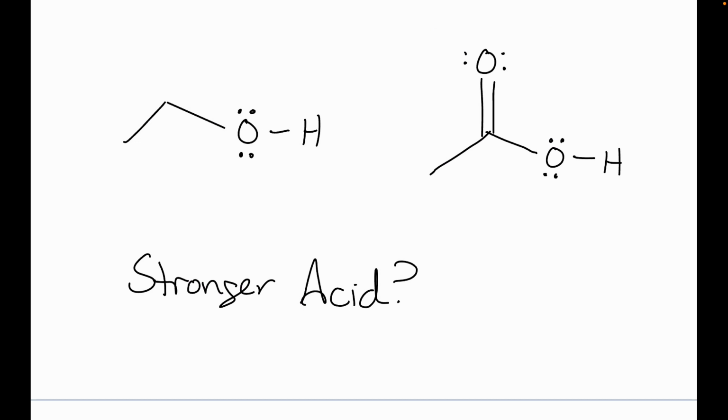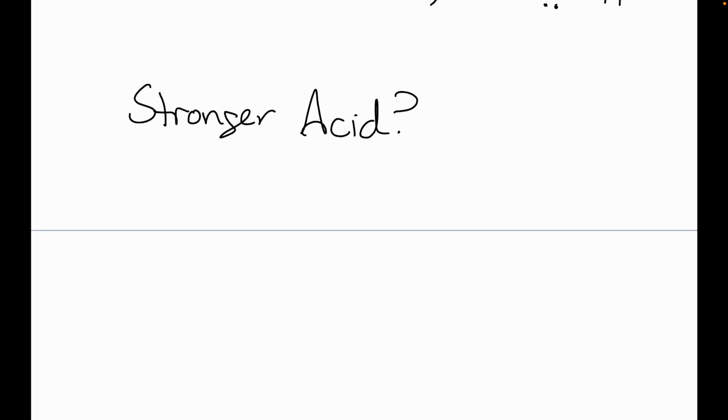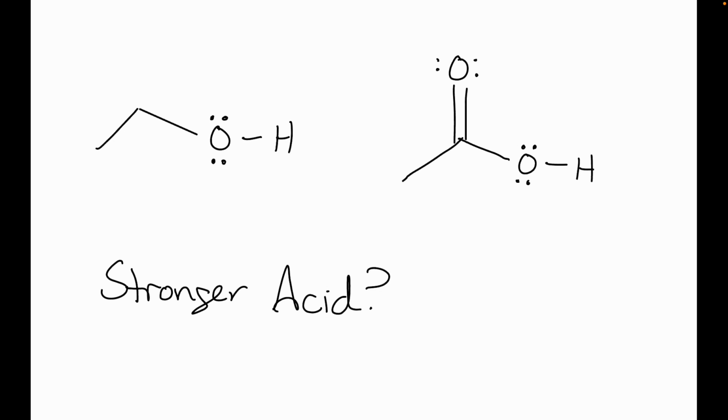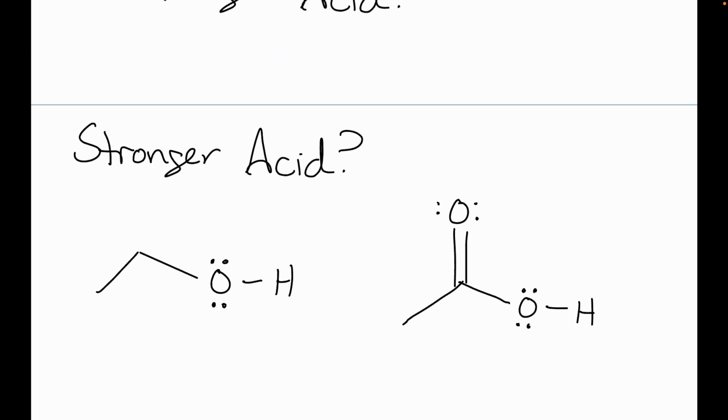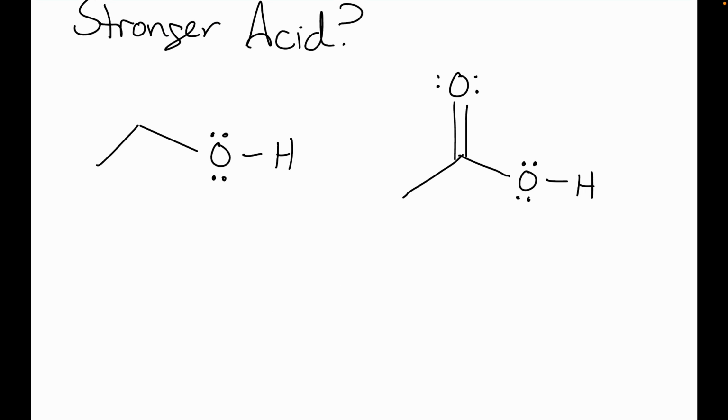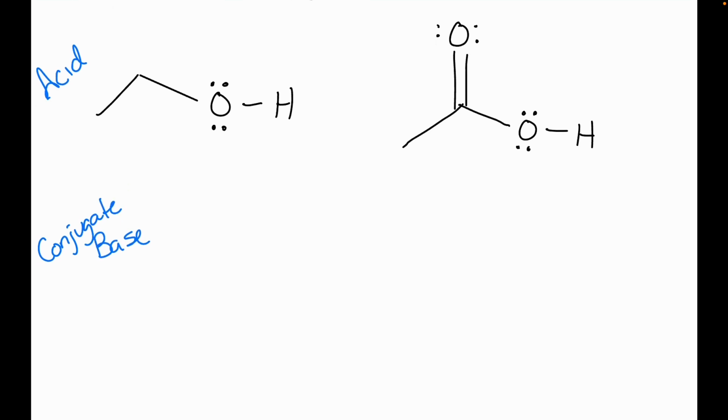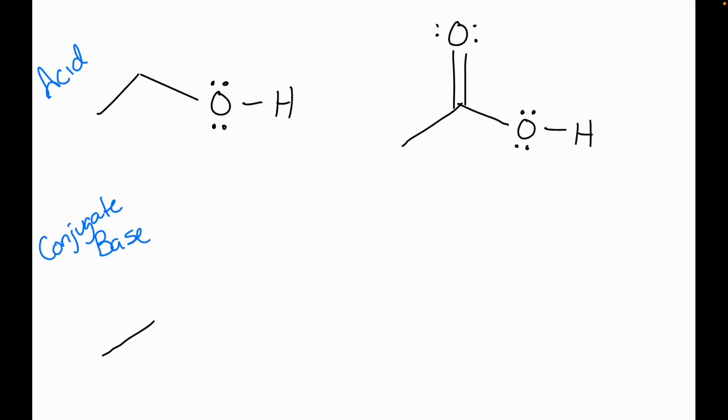All right, so let me move this problem so I have more room. All right, so here's my acid. I really want to look at the conjugate base. So this would be, now my oxygen's been deprotonated, which is what we call it when an atom loses its hydrogen.